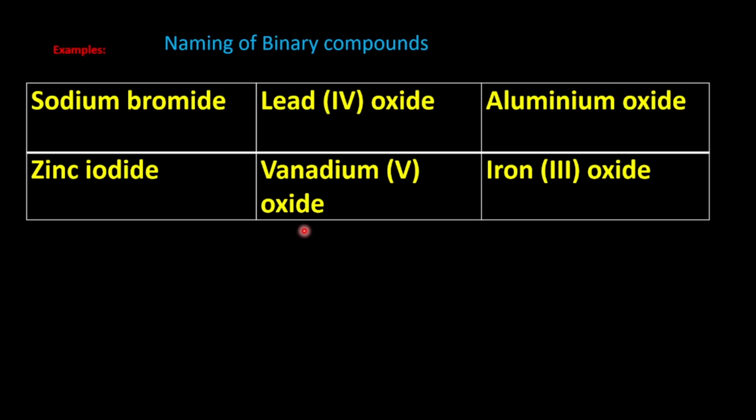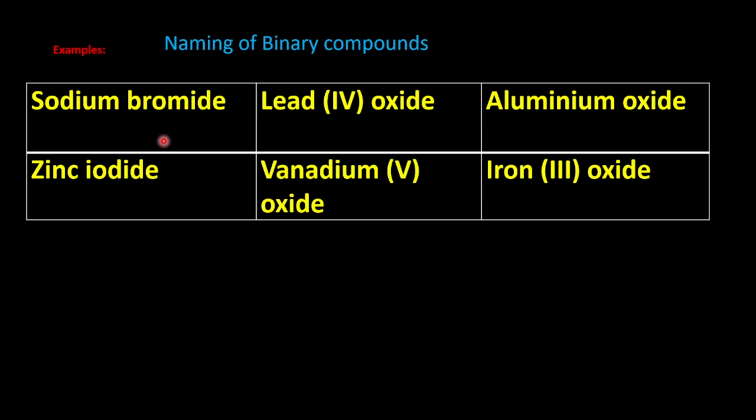Now let's begin. So we have 6 examples here: sodium bromide, lead 4 oxide, aluminium oxide, zinc iodide, vanadium 5 oxide, and iron 3 oxide. This is what you do. Before I take you through this, please write the element down here.